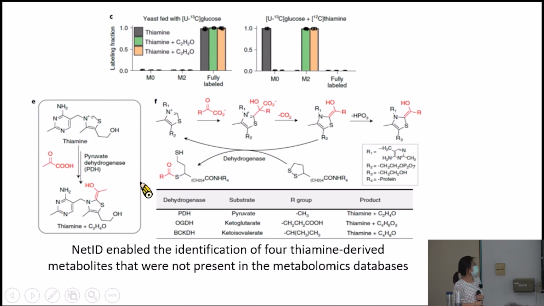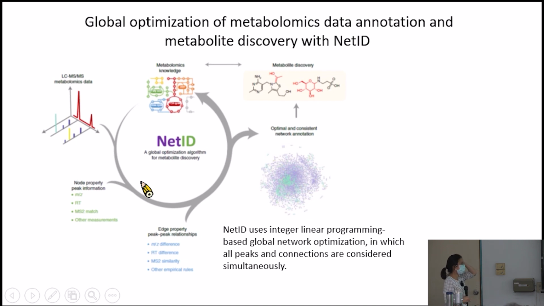Okay, so they also use this cartoon figure to summarize what this tool does. Basically, they found that NetID can use integer linear programming to create more network identifications that can help us identify the unknown, or what has never been annotated before.